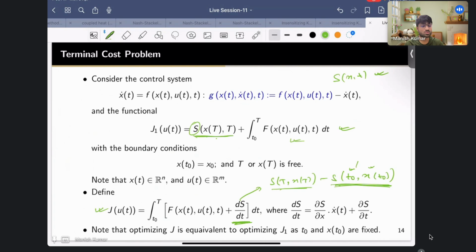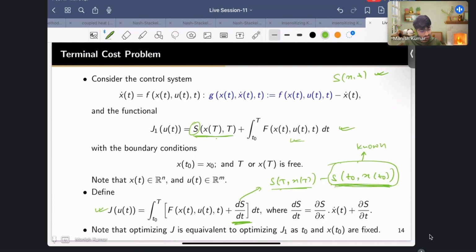When you have this control system ODE, you know the initial point and initial data. Over here the terminal data or terminal time is what we don't know, but this whole quantity is always known. So the goal is just to minimize the unknown part, and this is something which is fixed.